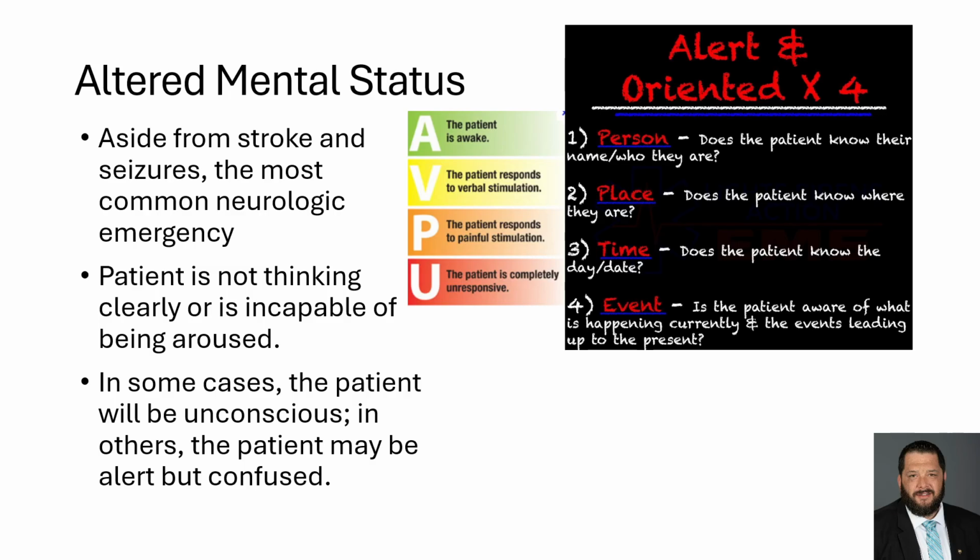Does the patient recognize where they are in space? That's the place orientation. Does the patient know the day or date? That's the time orientation. Keep in mind when you're assessing a patient's orientation to time, though, some patients, under normal circumstances, may not know the date of the month or the day of the week even.